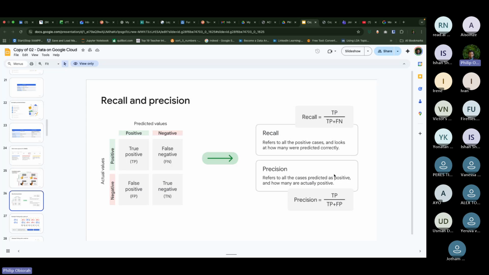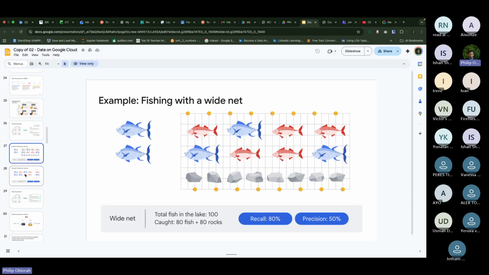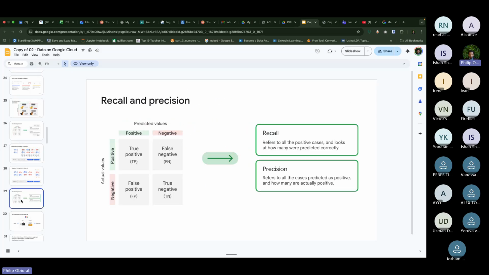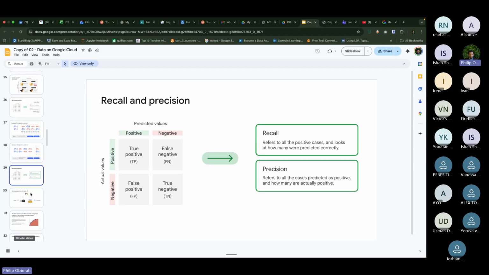In this case, we focus on what? Precision. So these are edge cases where you have to check the trade-off between precision and recall, and decide which to emphasize.